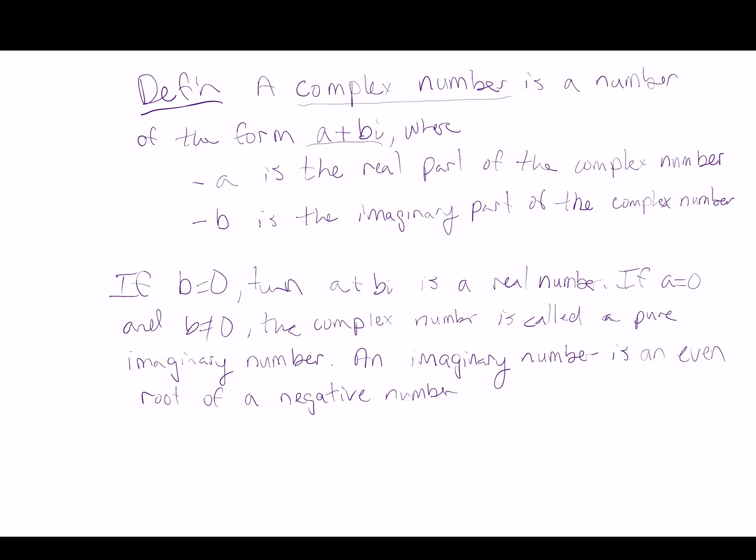If b, the imaginary part, is equal to 0, then a plus bi is just a real number. Now, if a is 0 and b is not 0, then the complex number is called a pure imaginary number. An imaginary number is an even root of a negative number.